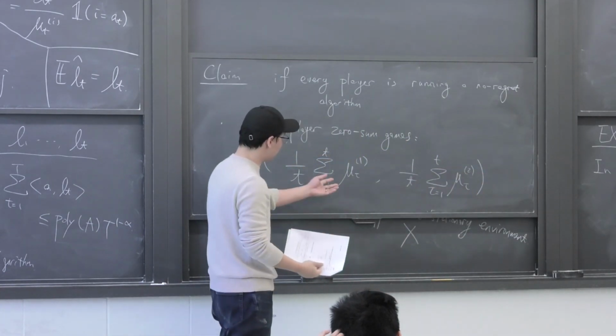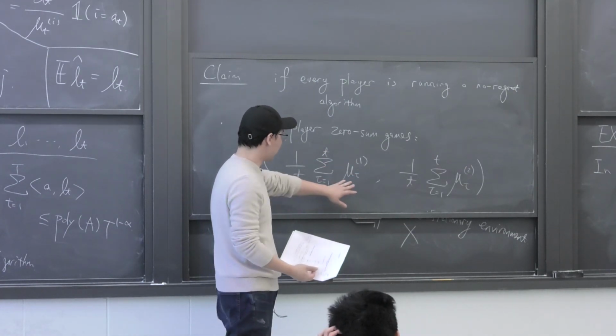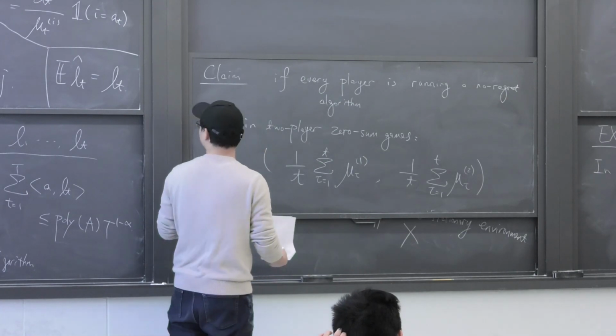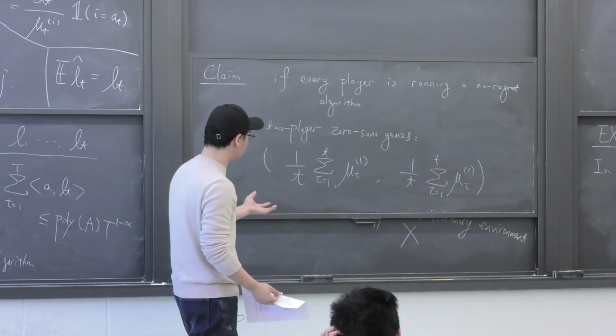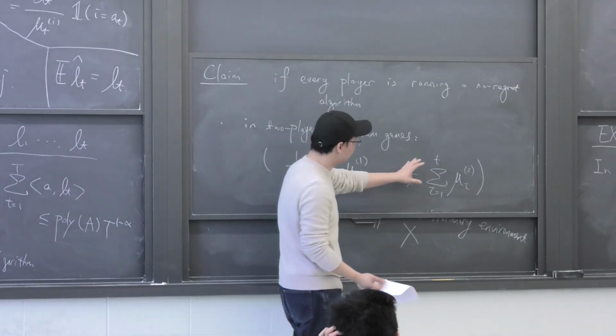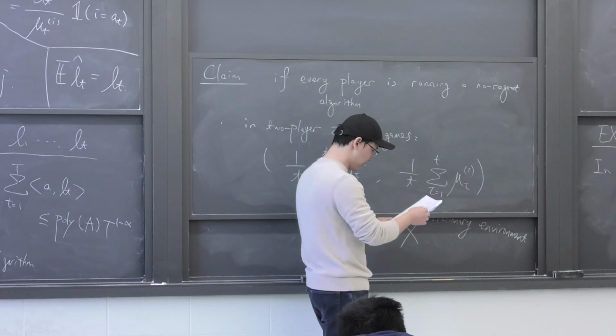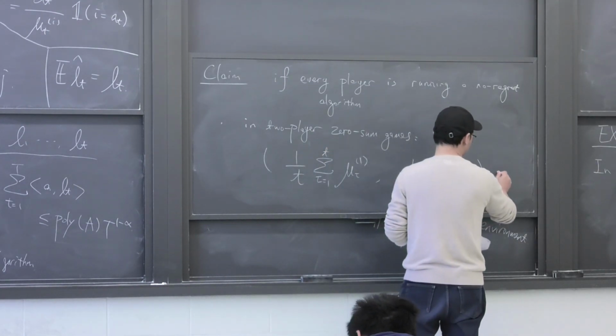Basically, this is the action distribution of the first player at tau's iteration, or tau's round. If we average over the first player's distributions, and then look at the average of the action distribution of the second player, we can prove this will converge to Nash equilibrium.